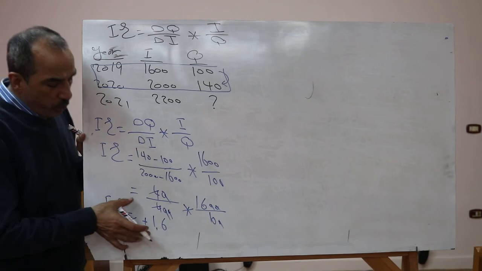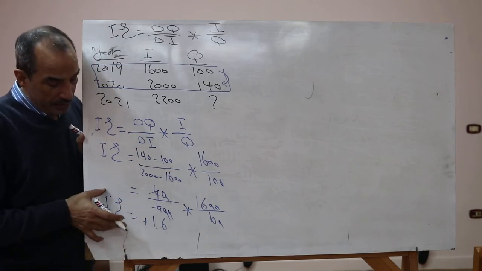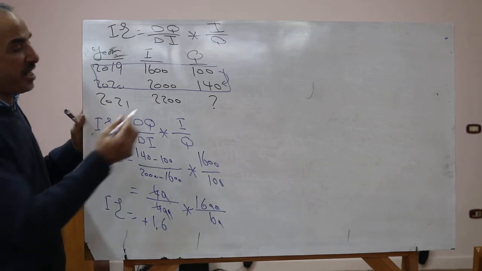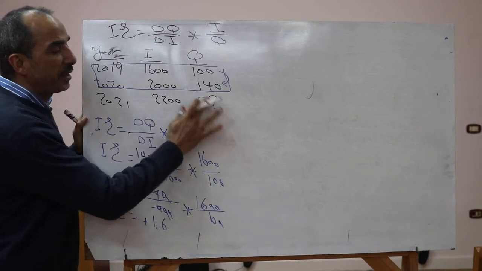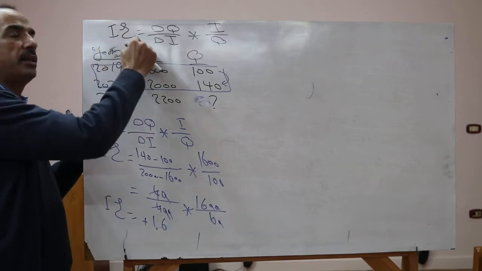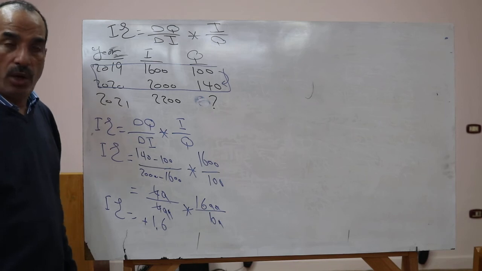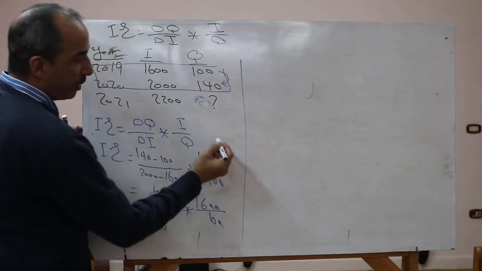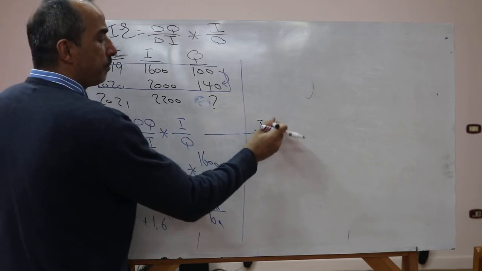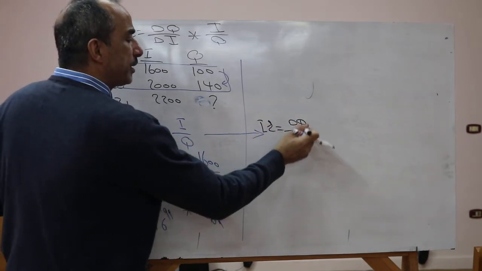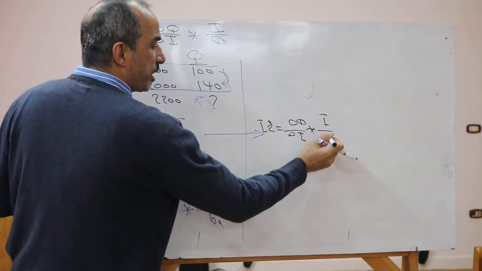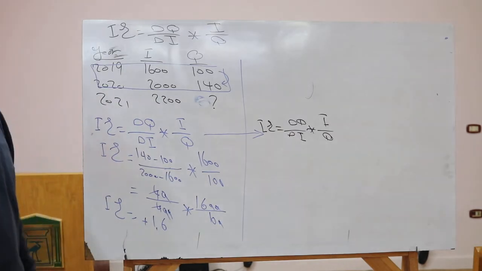Now we will use the value of income elasticity to expect the quantity in 2021. We use the same law: income elasticity equals change in quantity over the quantity before change, times income before change over quantity before change.